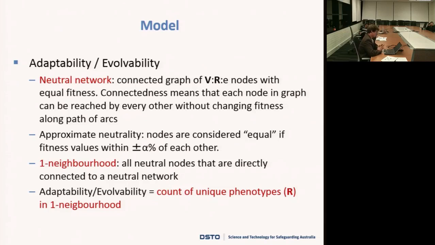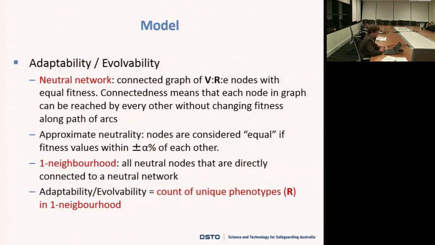Now, from the neutral network, you can define the one neighborhood, which is all, well, that's wrong, it's all non-neutral nodes, so that makes a huge difference. So all non-neutral nodes that are directly connected to a neutral network. So it's all those nodes where, if you step out from the neutral network, your fitness indeed increases above your threshold.